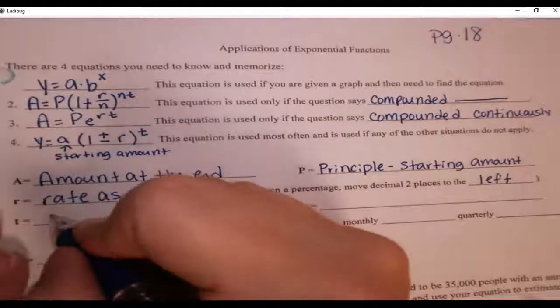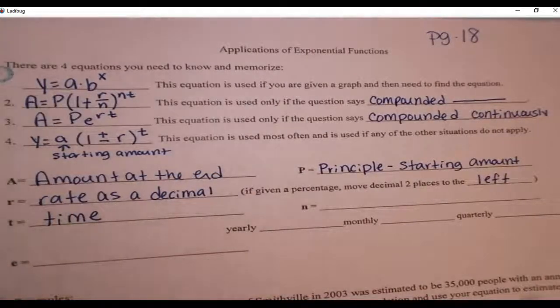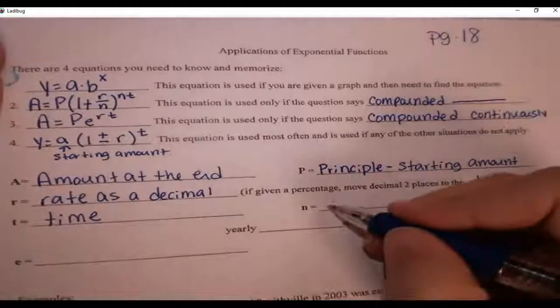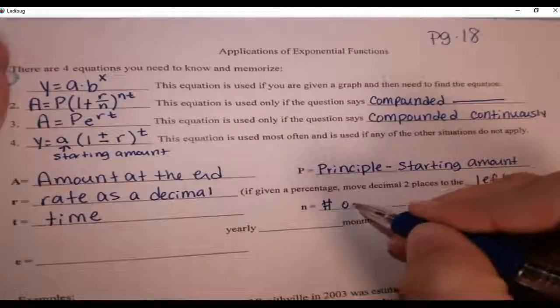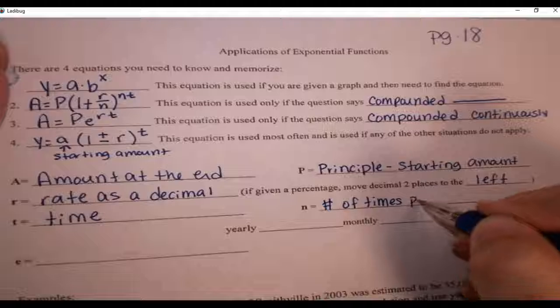And T is your time, usually in years. In 2 and 3, it has to be in years. In equation 4, it doesn't have to be in years. But in 2 and 3, it's got to be years. And then N, which is the N in number 2, that is the number of times per year.